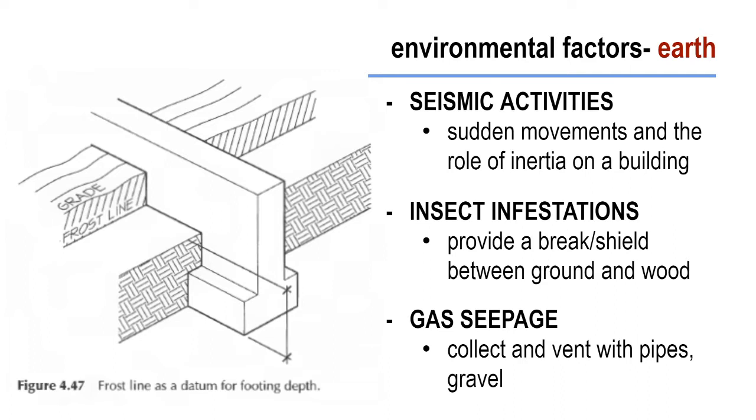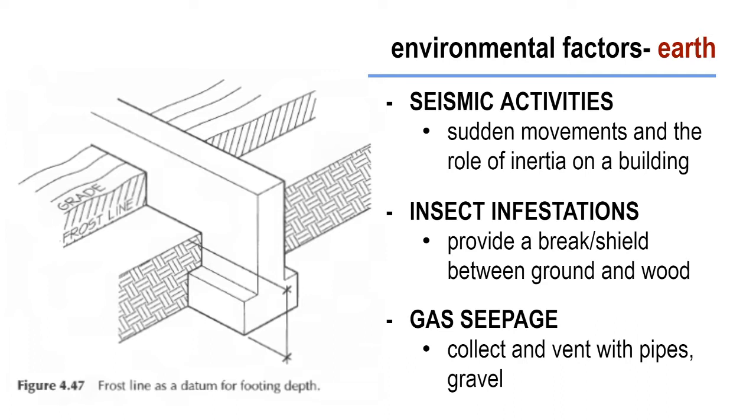Bugs love blue board. They eat through it like crazy. So making sure that you have a good seal around your building is important, as well as, if you have any wood near the ground, or even structural supports dug into the ground, making sure that there is some type of coating or shield around them to prevent any insect infestations.